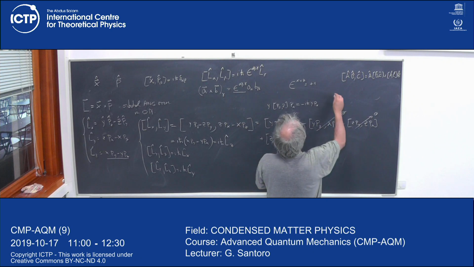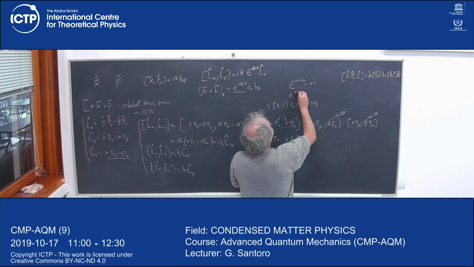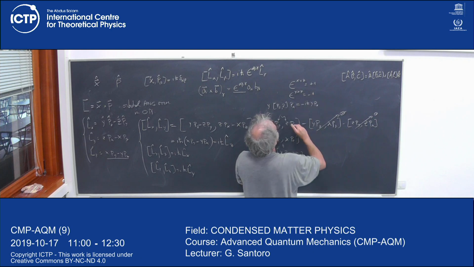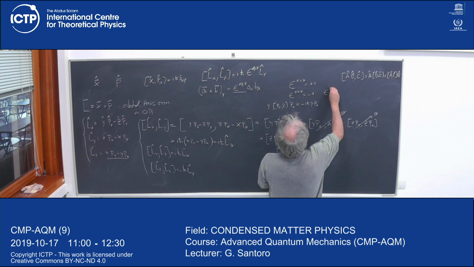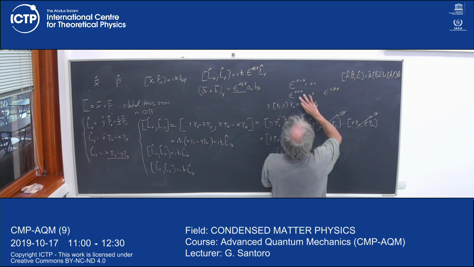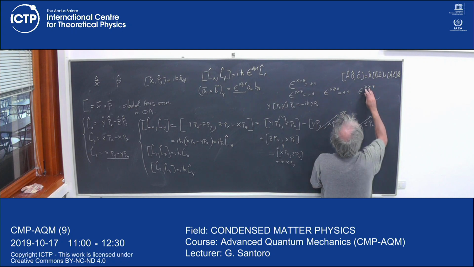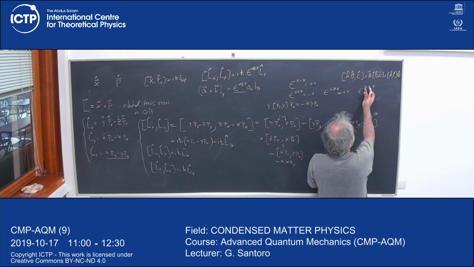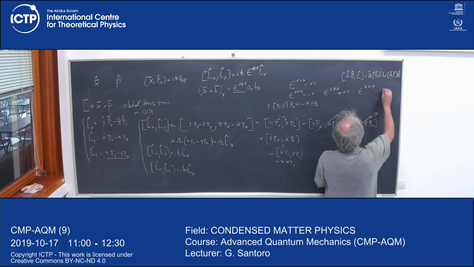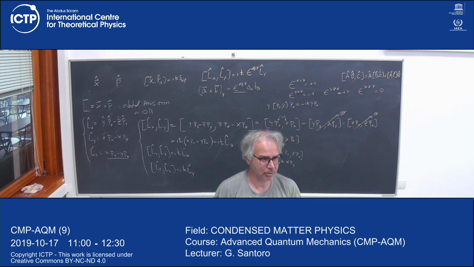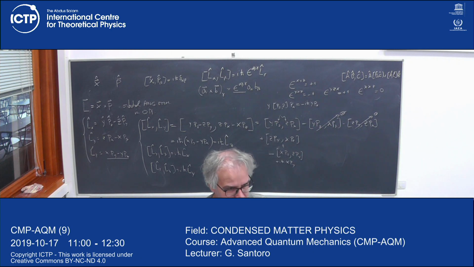So for instance, epsilon y x z would be minus 1, but epsilon y z x would be plus 1 again. If two indices are the same, for instance x, x, z, then since when you exchange things you have to change the sign, you deduce that it must be 0. So in order to have an antisymmetric object, indices cannot be the same. If they are the same, the element is 0.